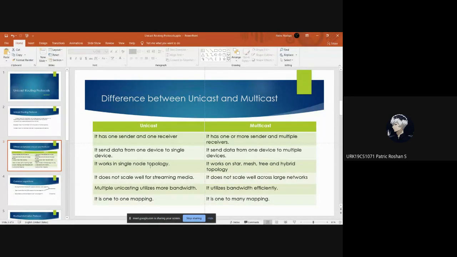Unicast does not scale well for streaming media, and it does not scale well across large networks. Unicast utilizes more bandwidth, whereas multicast utilizes bandwidth efficiently. Unicast is a one-to-one mapping, and multicast is a one-to-many mapping. These are the differences between unicast and multicast routing.